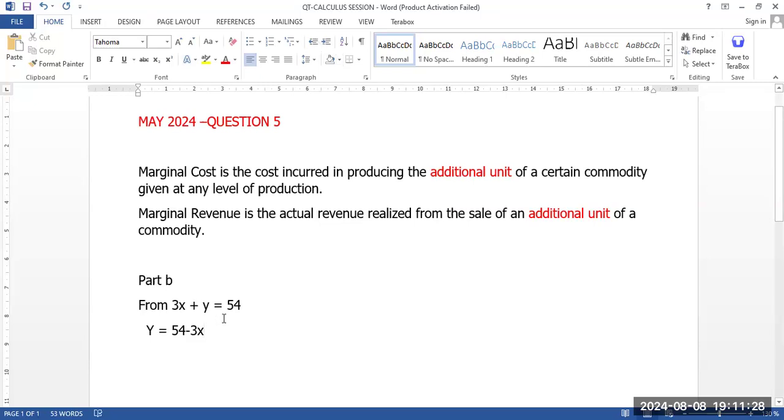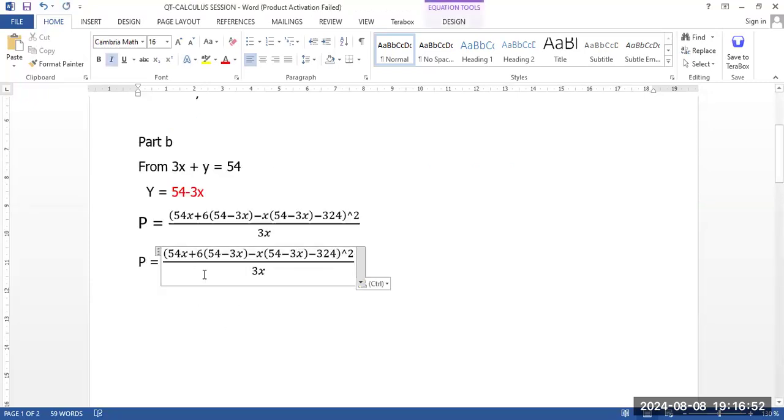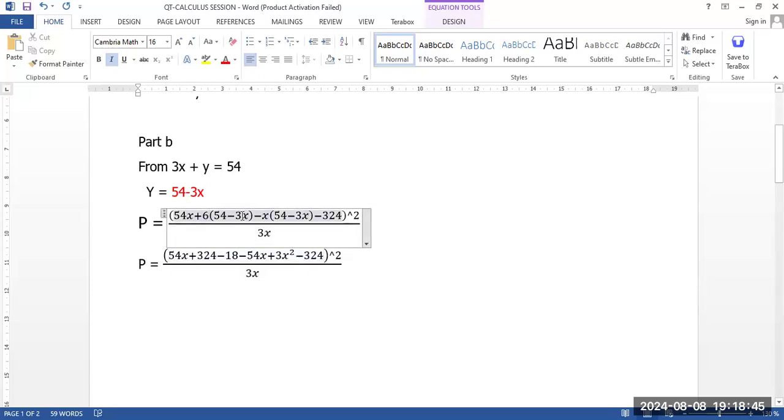So you're going to go to the P formula. Remember, they are telling us that P is equal to, opening our brackets, what are we going to get? 54, you get this. Then 6 times 3x, you get 18x.